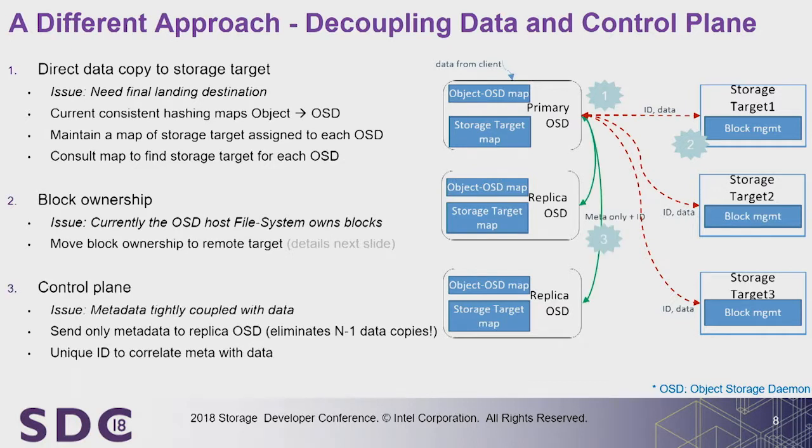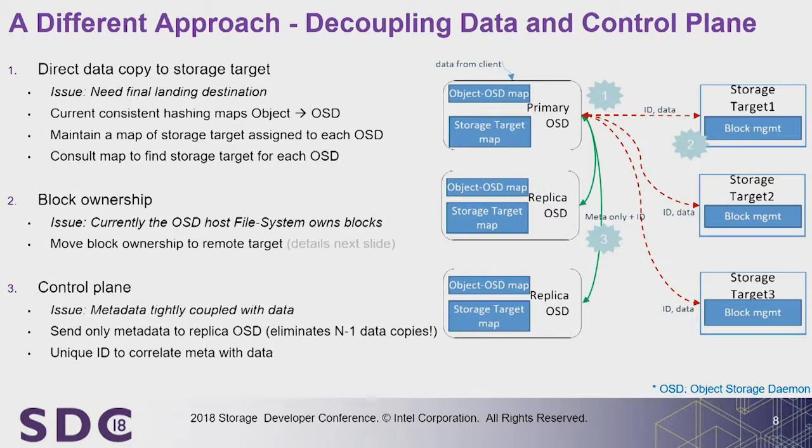But just to complete the picture, the third part is what we refer to as the control plane. Essentially, that's the metadata associated with each object. In stock Ceph today, that's tightly coupled with the data, and that's where you have those extra data hops that Yi pointed out in the previous slide.